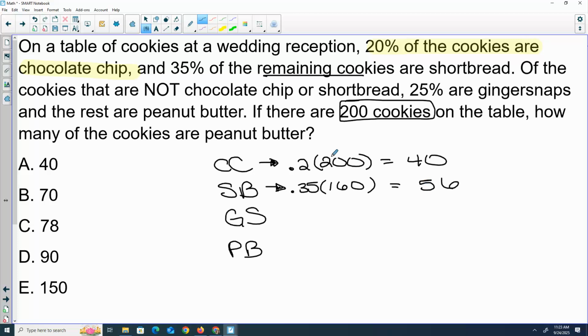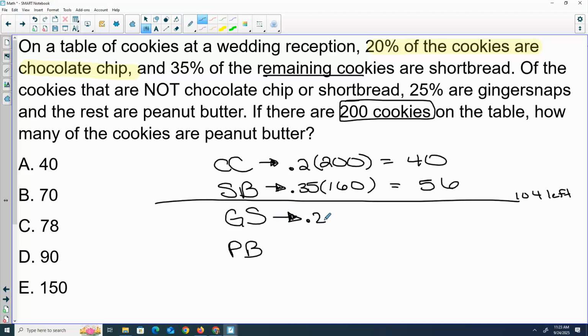All right, well we know we had 200, 40 of them are chocolate chip, and 56 are shortbread. So if you do 200 minus your 40 and your 56, we have 104 cookies left. Okay, so using those, 25% are ginger snap.